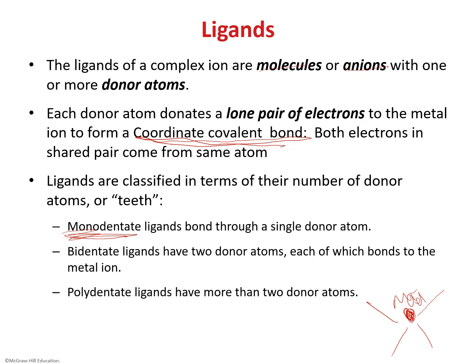That's why it's called dentate. Monodentate ligands are the ones where, if I have this metal M and this ligand L, one ligand will form only one bond with the metal. So each ligand can only form one bond. That is a monodentate ligand.